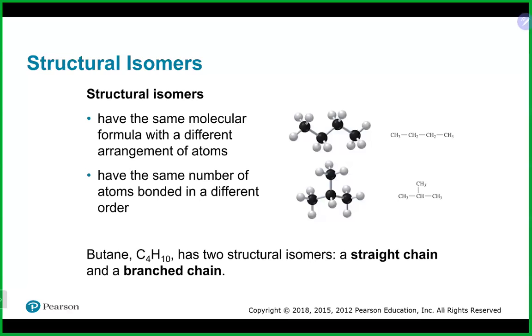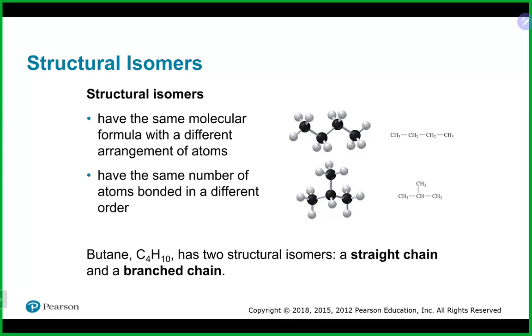Structural isomers are basically two or more compounds that have the exact same molecular formula, but they are actually connected differently. And they will actually have a different name.